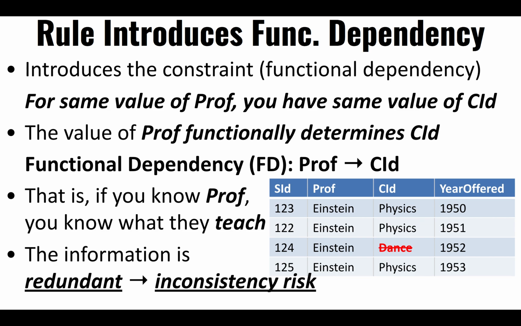Now, by adding that rule, certainly this data breaks the rule, so I need to remove it somehow. But even by removing it, I now have a functional dependency that was not there before, that by knowing the professor, I also knew what they were teaching. So now there's a redundancy in my data, and I could inadvertently misspell the name of the course.